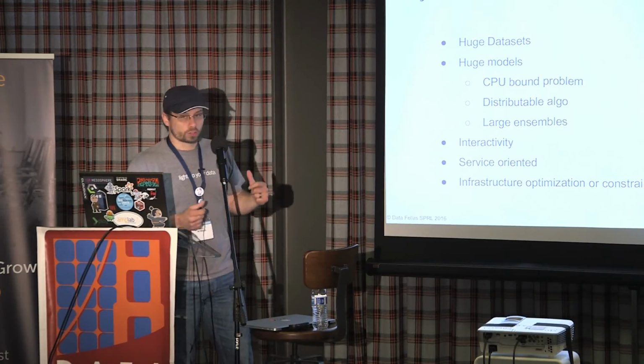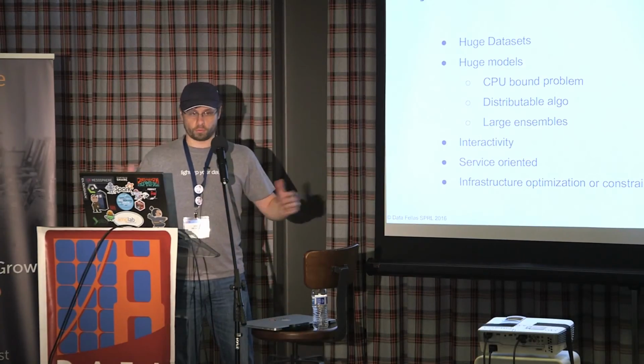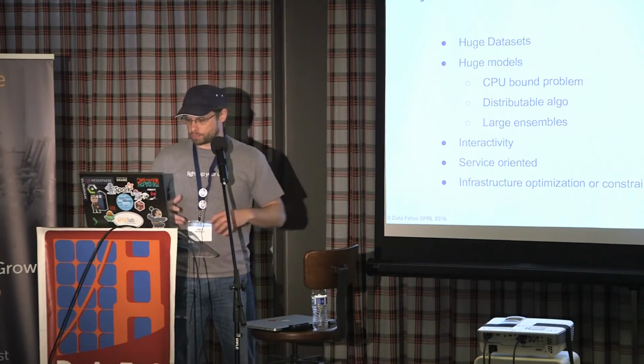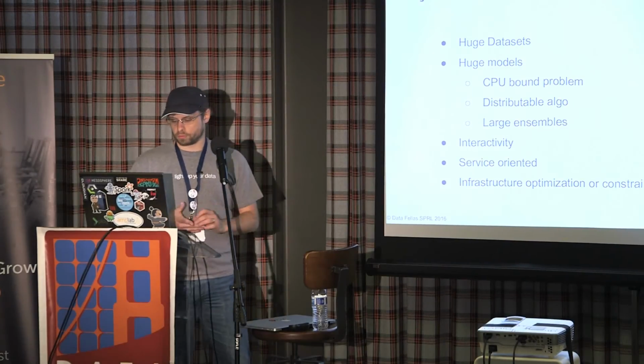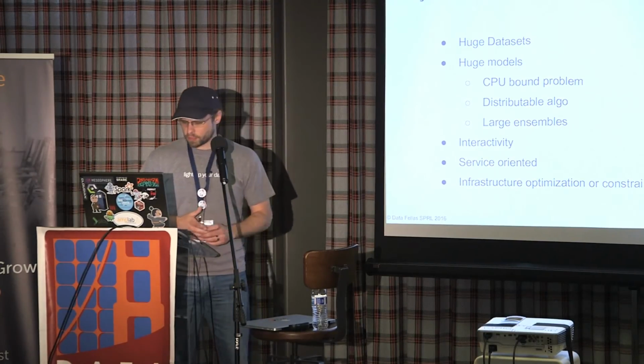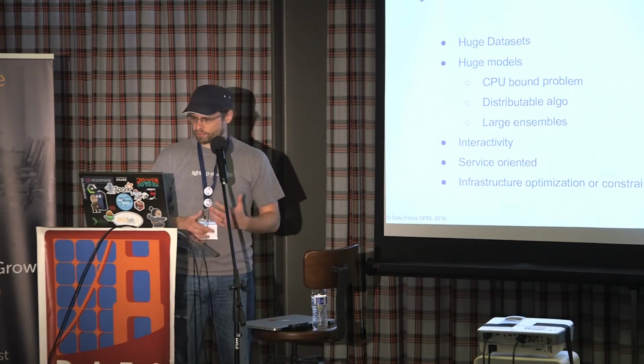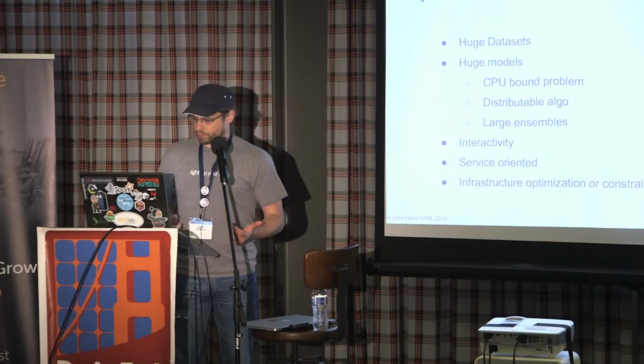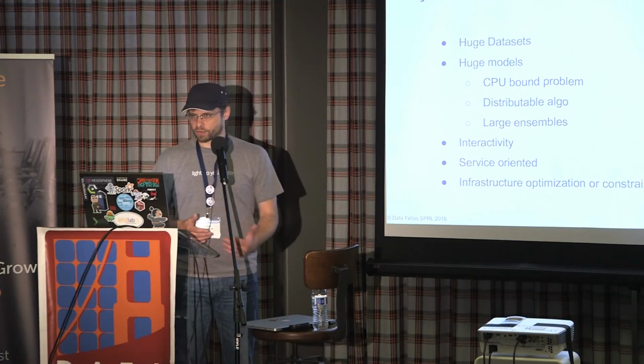Also, we want very large ensembles, running many, many models and assembling them at one time, which you can do with a distributed environment. You want interactivity on top of that, otherwise it might take a lot of time before you can do something great. And at the end, you want your results to be service-oriented.